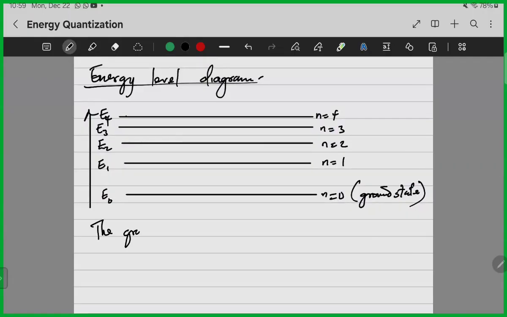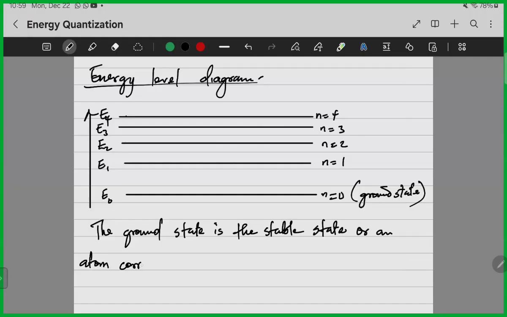The ground state is the stable state of an atom corresponding to its minimum energy.